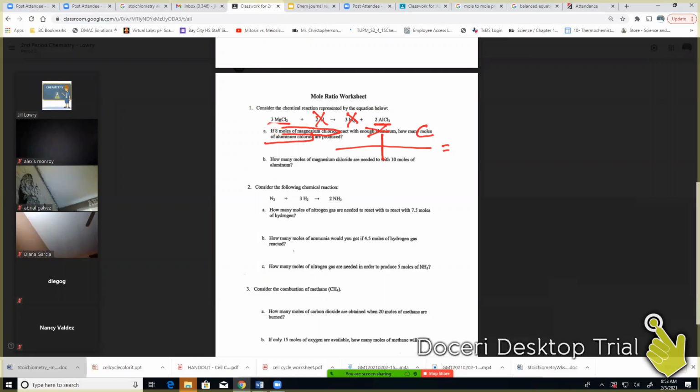So I start with what I'm given, which is 8 moles of magnesium chloride, MgCl. And I want to convert to moles of aluminum chloride, this one.